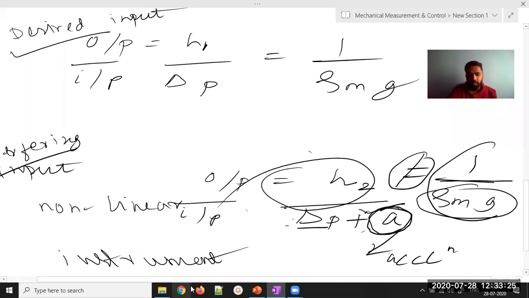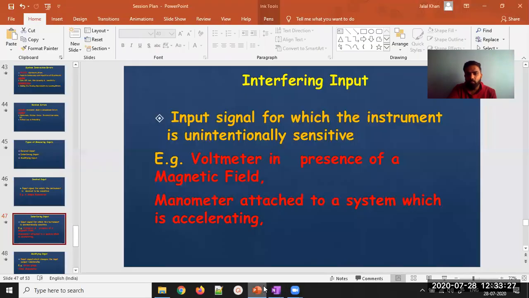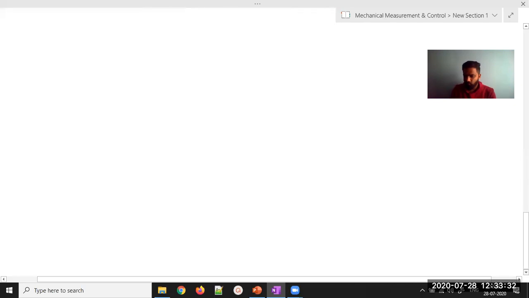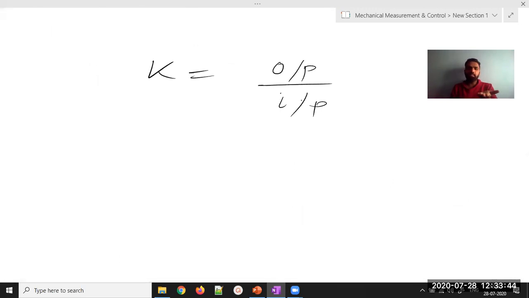If I get into detail, one more very important thing I would like to add. Sensitivity is output upon input, right? Sensitivity is the change in output, meaning change in response, final response minus initial response, over final input minus initial input.